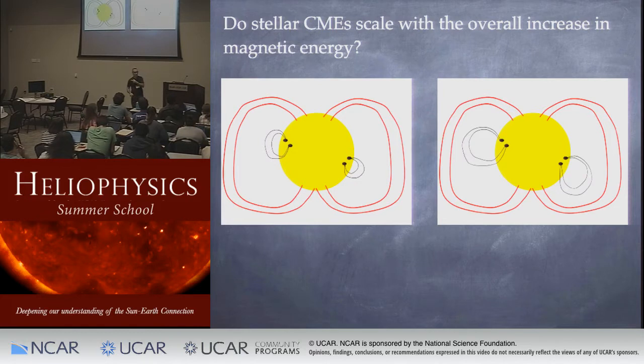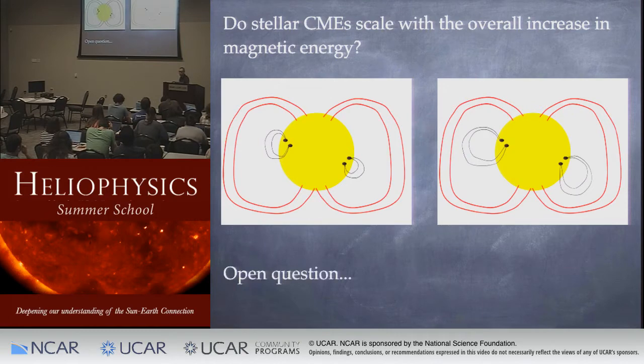This is a good question for dynamo modelers, in the context of dynamo action in stars. It's one thing if we show that the CMEs and the active regions scale with the overall field. If they're not scaled, then we need to explain it in terms of how the dynamo action works, right? So that's the other thing we need to think about. And again, this is an open question.